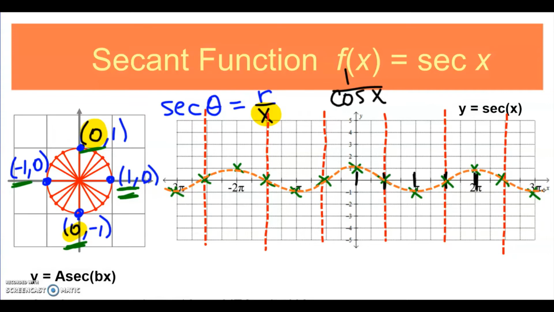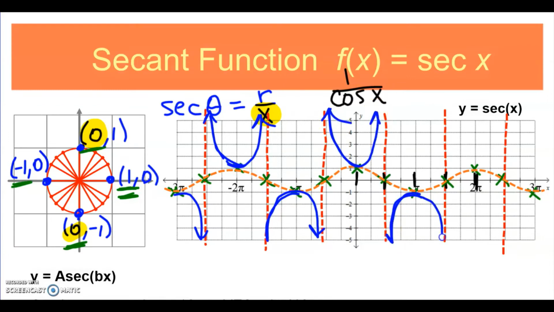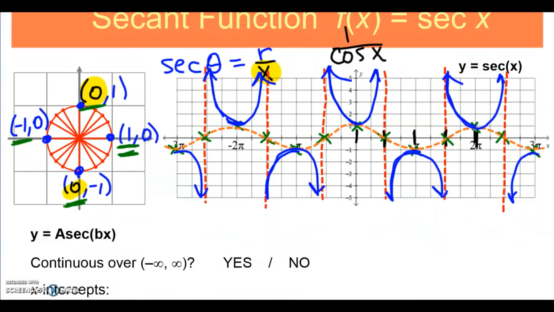That's just kind of my setup, how I'm going to figure out where this answer is. The secant wave, try to touch that point. The secant wave is going to flip these humps, approach your asymptotes. Like so.